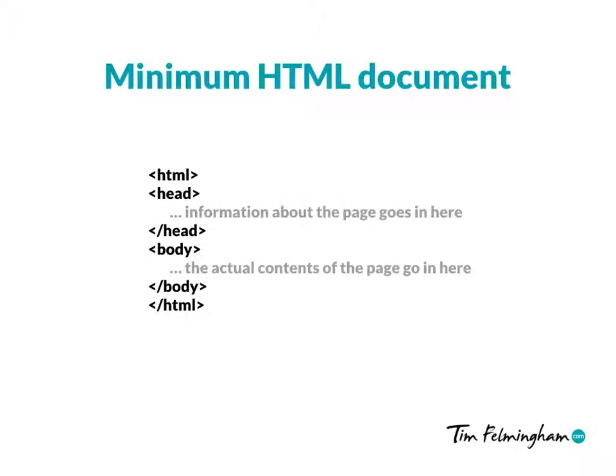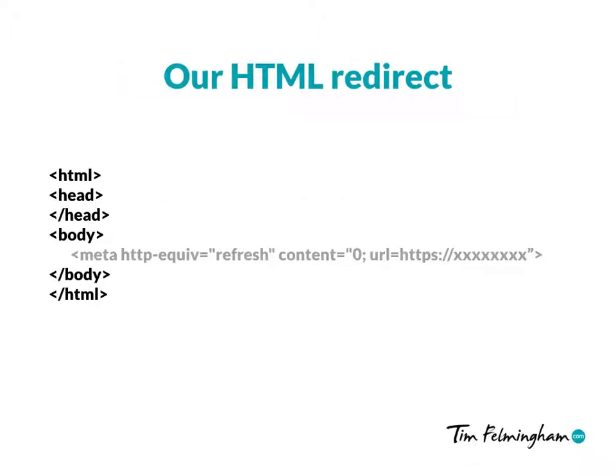So now I'm going to show you the text file that you have to create to do an HTML redirect, which will work with every browser and every device. And it's really, really complicated. This is it here. So all you have to do is create the HTML head, open and closing head tags, because they're requirements.